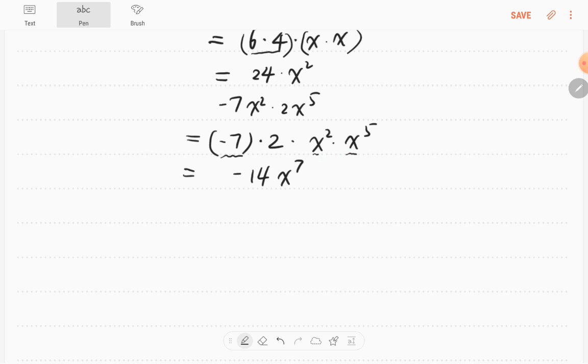Okay. So the second objective is if we have monomial times polynomial.